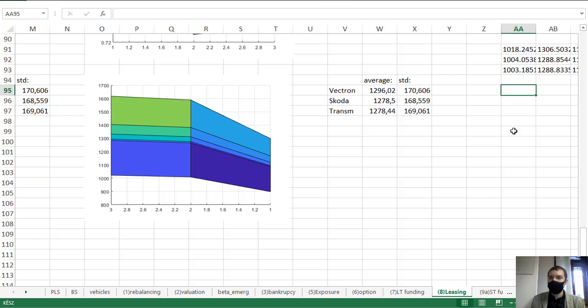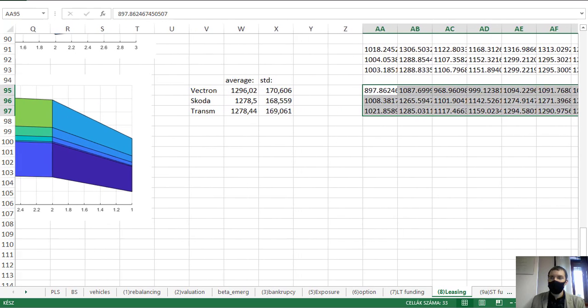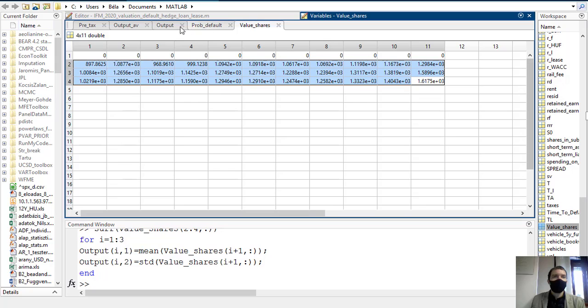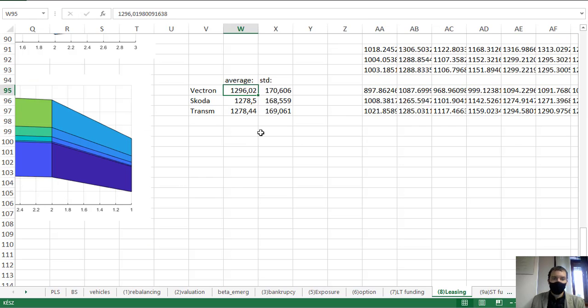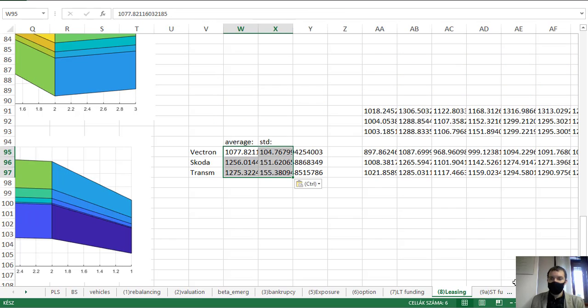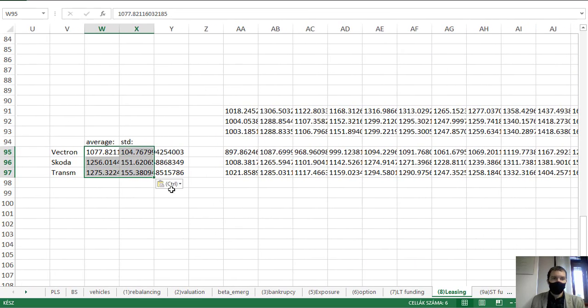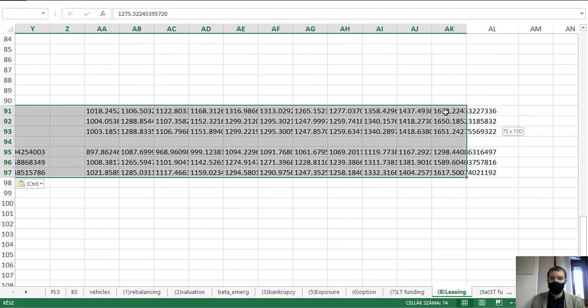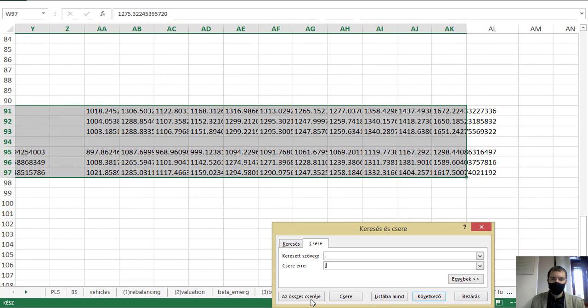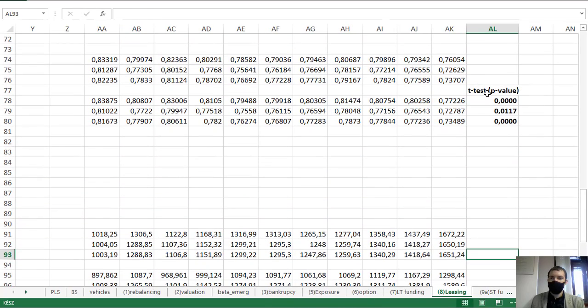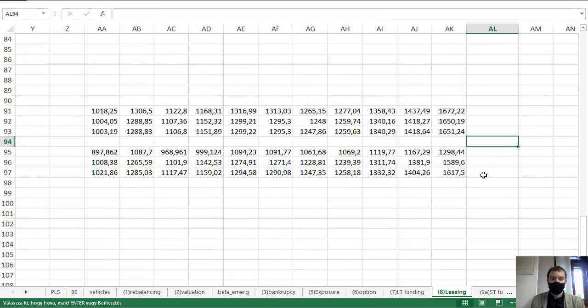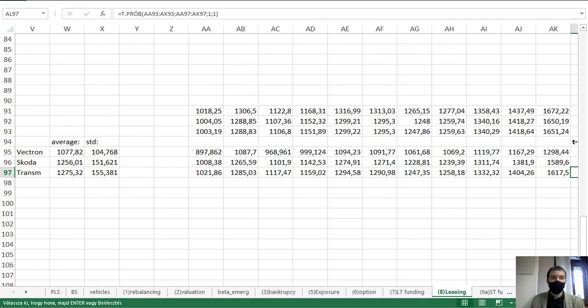Let's see the share values, are they significantly different? And also let's take the results as well. Wow, here there is no difference.